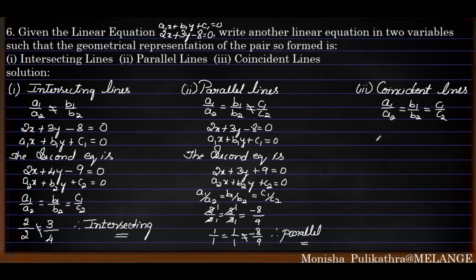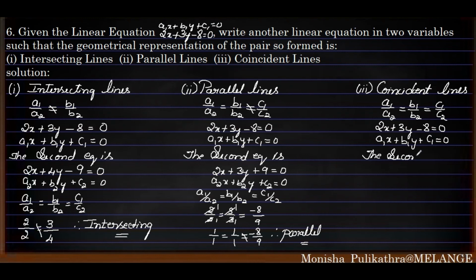Likewise, we have to satisfy the condition of coincident lines also. The first equation is the same, 2x + 3y - 8 = 0, of the form a1x + b1y + c1 = 0. Next we create a second equation that satisfies the condition of a coincident line.